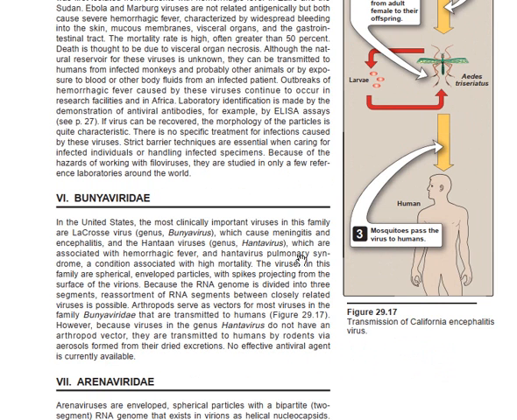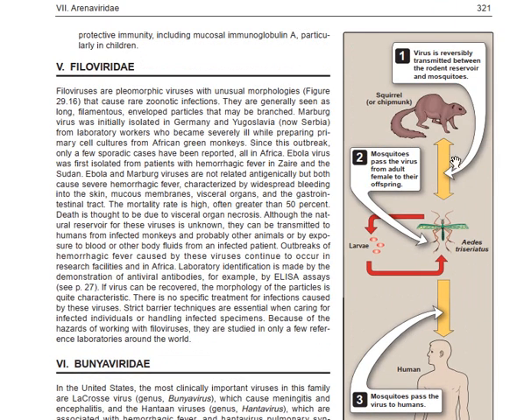Now, the next is the transmission of California Encephalitis virus. It starts with the virus reversibly transmitted between the rodent reservoir and mosquitoes. Is it clear? The reservoir is actually the rodent, and the mosquito, which is the Aedes triseriatus mosquito, is the vector. The mosquito passes the virus from adult female to their offspring.